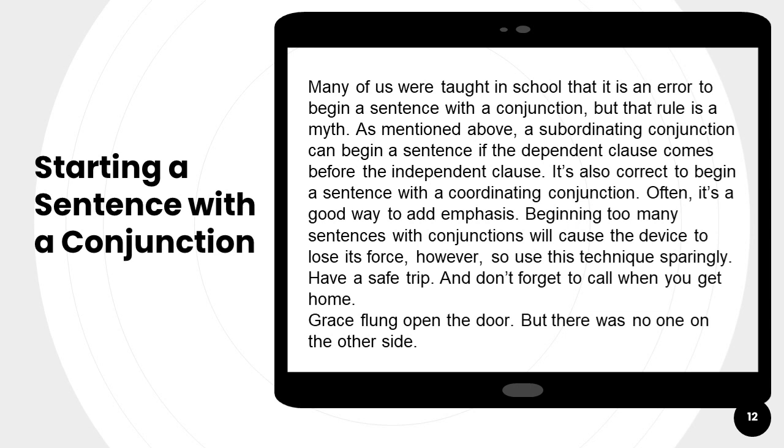The second sentence also started with a coordinating conjunction: But there was no one on the other side. So therefore, both sentences, And don't forget to call when you get home and But there was no one on the other side, are a testimony that we can have the conjunction at the beginning of a sentence.